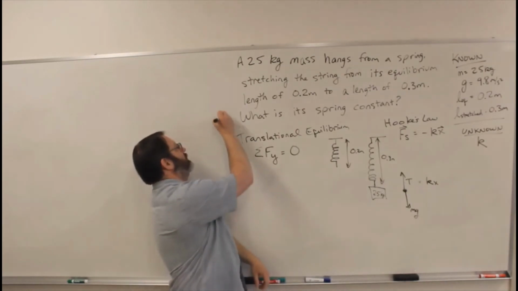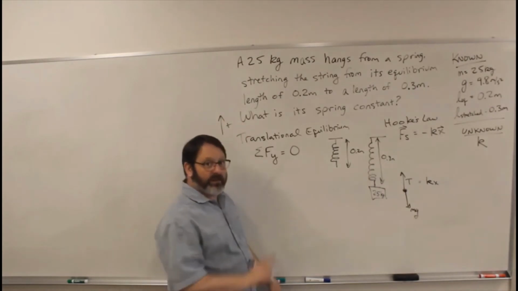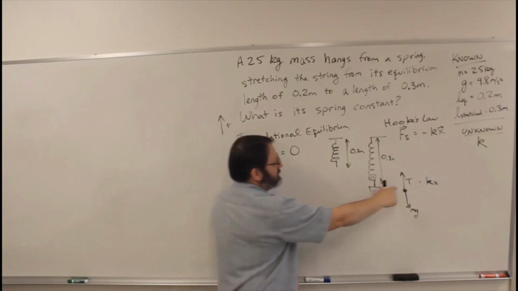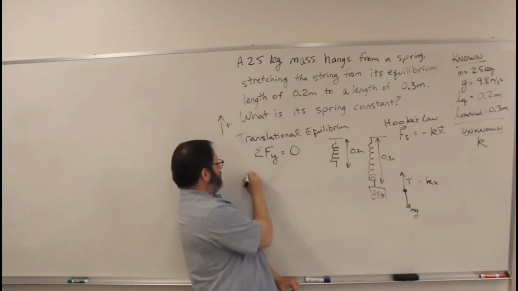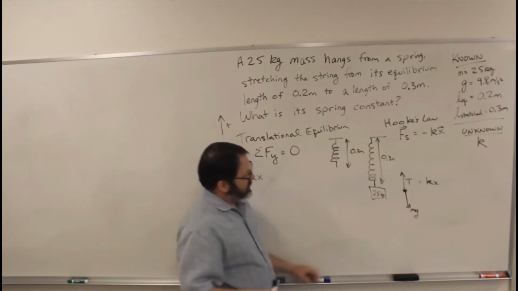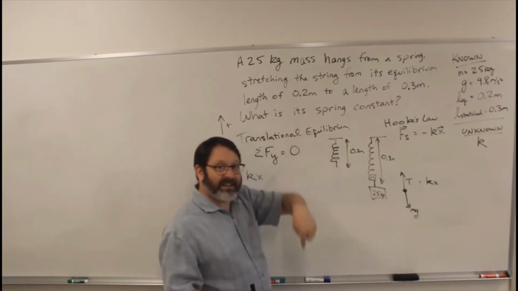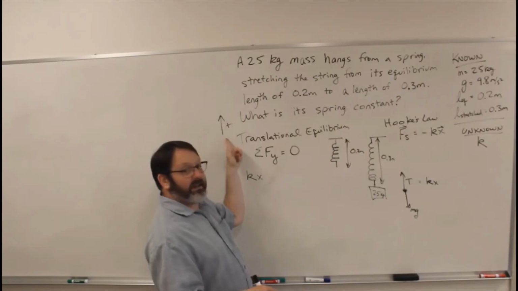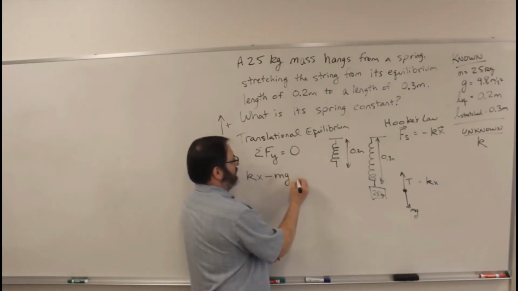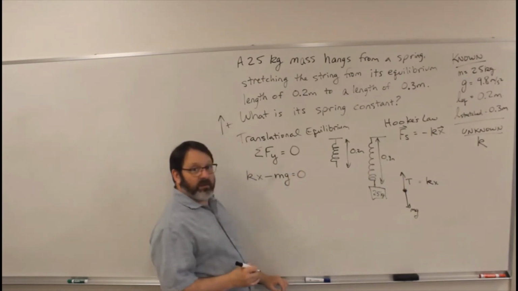If we call this the plus direction, upward, sum of forces in the y direction, that's this tension. So K times x. And there's also gravity, mg, that's in the downward direction, so that's a negative. So Kx minus mg has to be equal to 0.